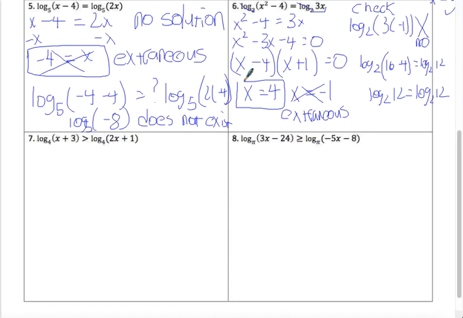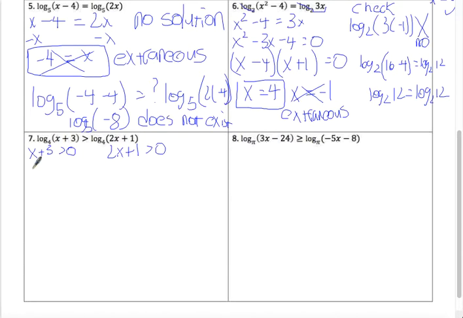So for these log inequalities, remember for the log inequalities with one log, we had to make sure that the inside of the log was always positive. We have to do the same thing here, but with both logs. So x plus 3 has to be greater than 0, and 2x plus 1 has to be greater than 0.